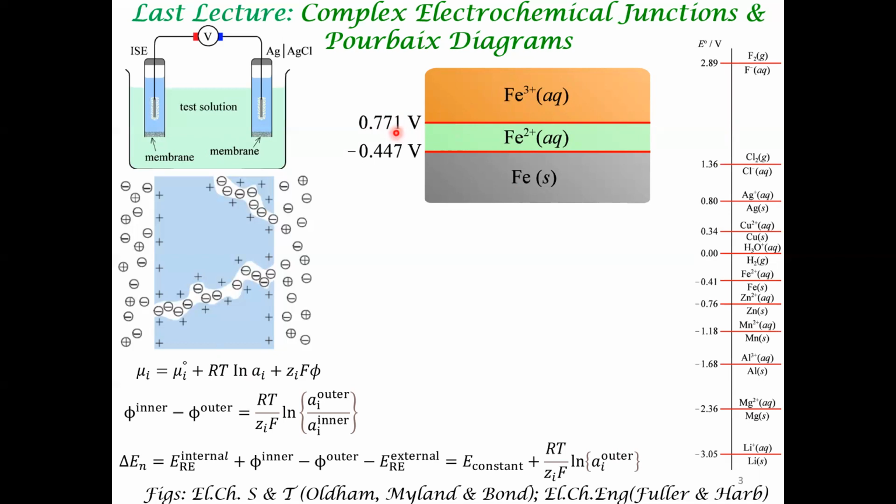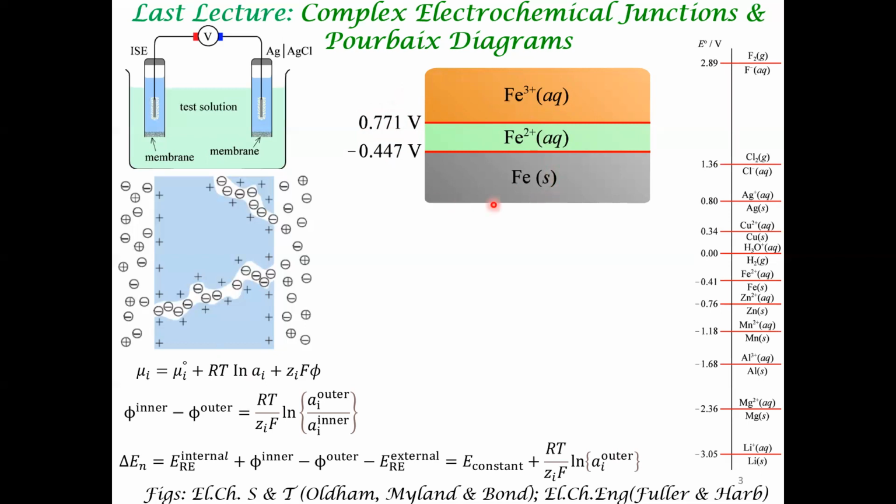That is this number. To get this number, you first have to appreciate that this is indicative of certain thermodynamics, and the other number is indicative of the thermodynamics of Fe3+ plus 3 electrons in equilibrium with Fe. Knowing those two numbers, I can get this number. This is what we discussed in the last class.